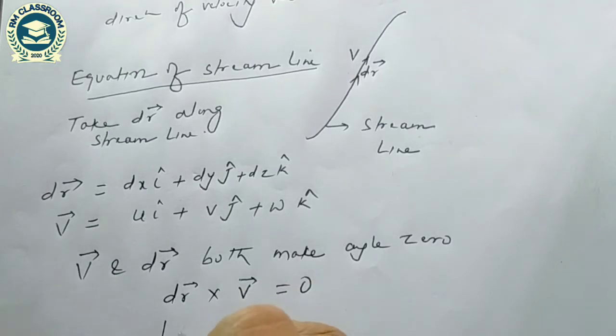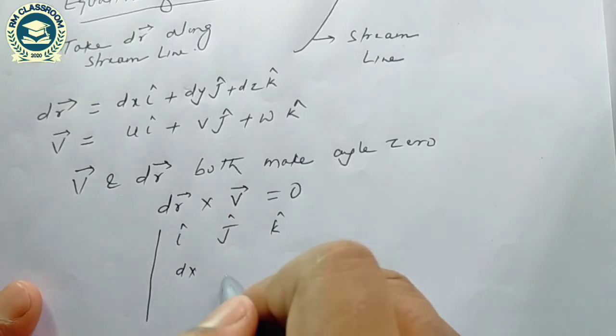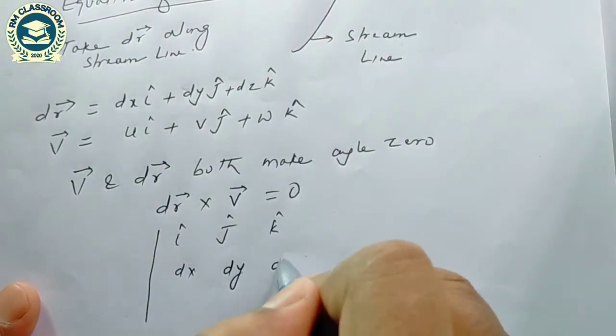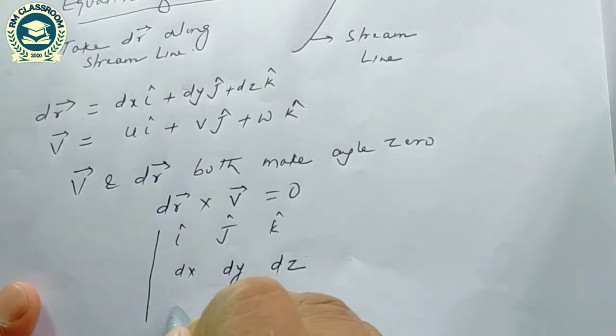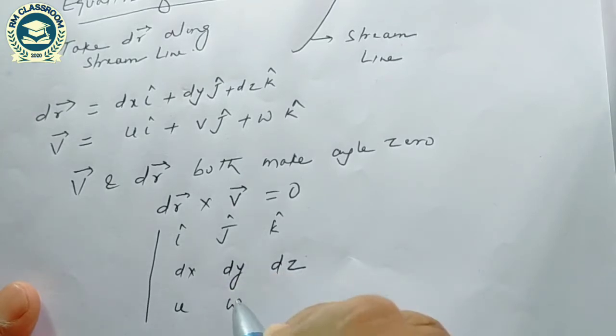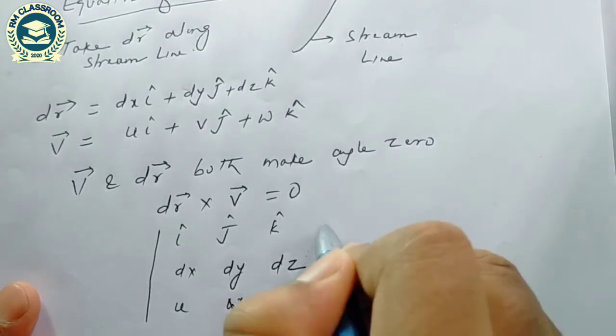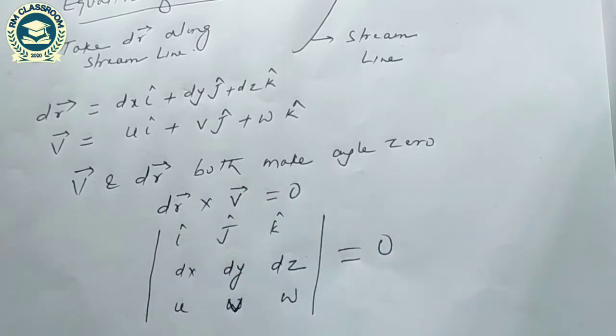And we know how to compute dr cross V: the determinant with i j k, then dr written as dx dy dz, and the velocity components u v and w, and this should be 0.